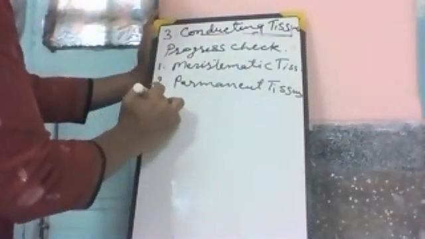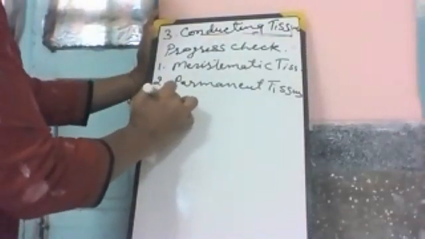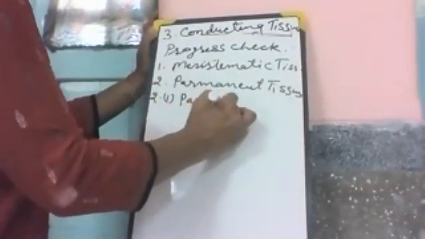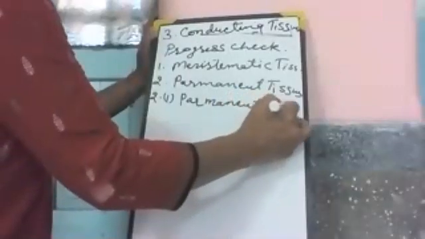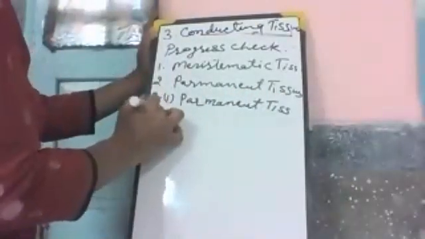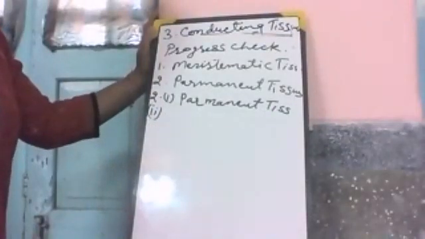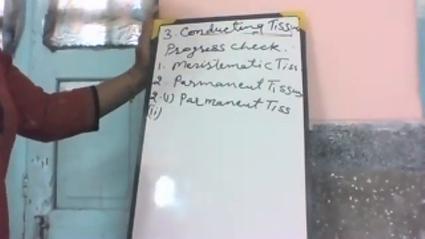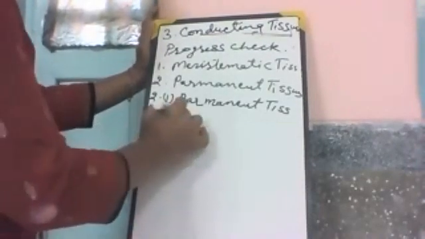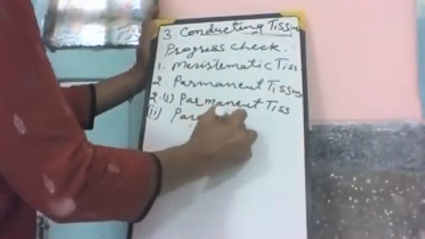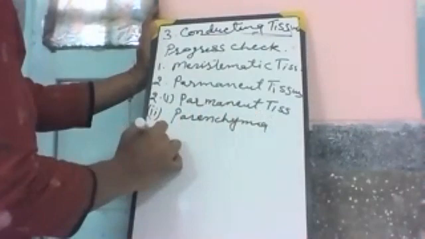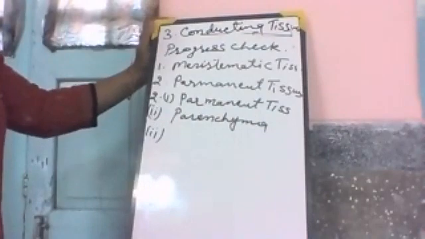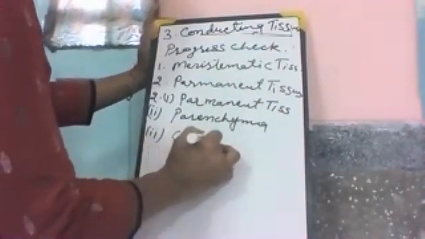Then answer number 2, first is permanent tissue. The kind of plant cell with thin cell wall and usually a single large vacuole is known as parenchyma. The fourth one is elongated cells which are thickened at the corners. They are collenchyma.